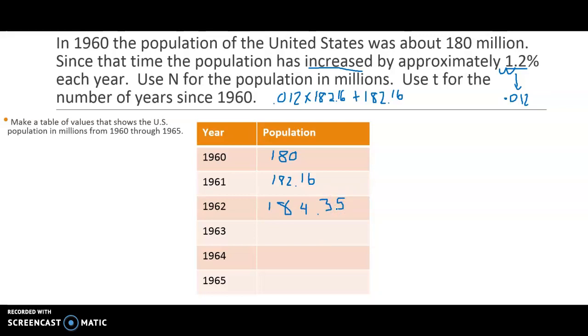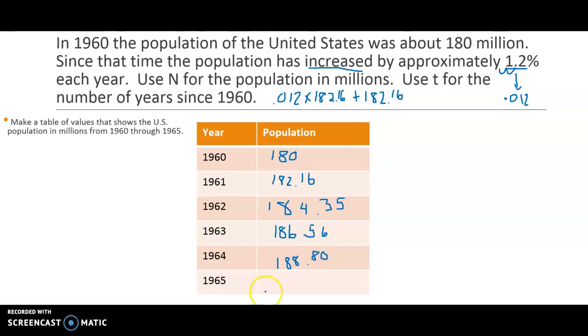And then I repeat. So I'm going to take the same decimal. This time I'm going to type 184.35 and add 184.35. And so I ended up with 186.56. And I repeat using this new 186 in my calculation, and I got 188.80.